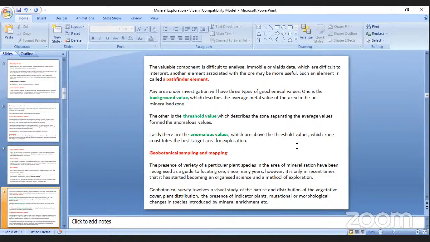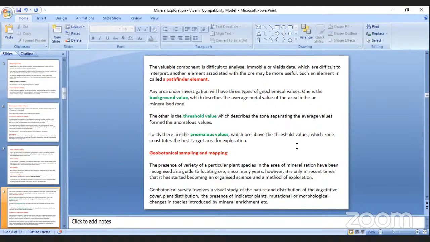What is a background value? Every element has its own value, depending on how much of it is naturally formed in the earth surface, or maybe in rock formations.